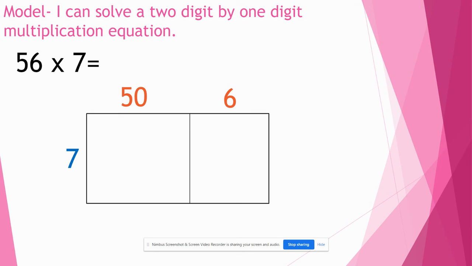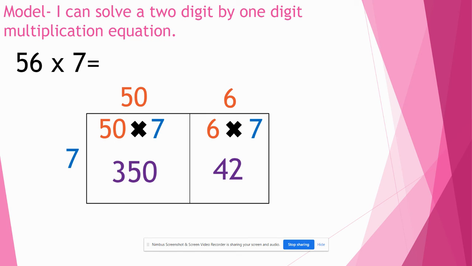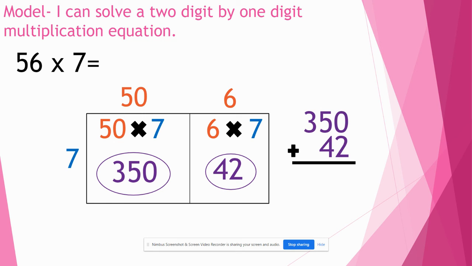I should already know that 7 times 5 is 35, and then using the rule of 10, add the 0 to the end to get 350. And then 7 times 6, I should know 42. And then all I need to do is add those partial products together to get a final product, 392.